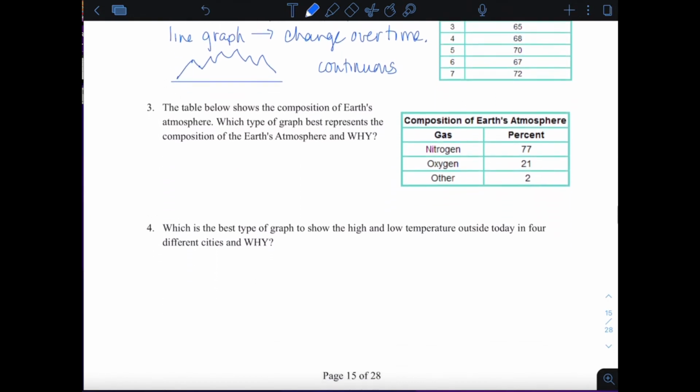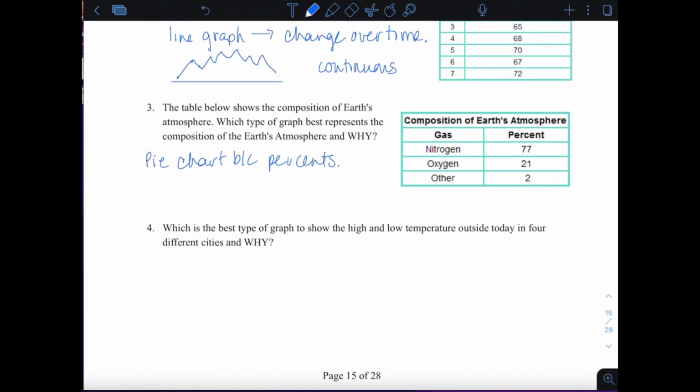Okay, the table below shows the composition of the Earth's atmosphere. Which type of graph best represents the composition of the Earth's atmosphere and why? So I think this would be best demonstrated with a pie chart. First of all, because it has percents, but also because the amount of data is pretty low.